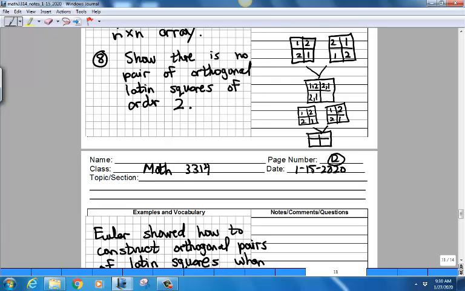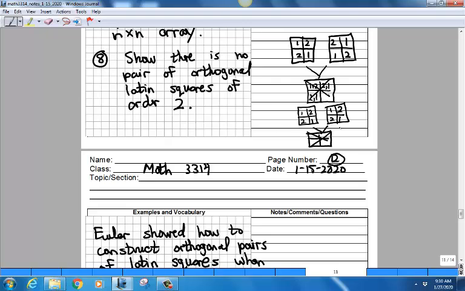You get 1, 1, 2, 2, and 2, 2 again. So that doesn't work either. I think it's pretty obvious that of order 2 we don't have orthogonal Latin squares, so we cannot solve the 4 officer problem.